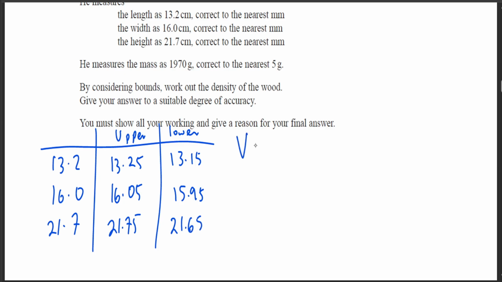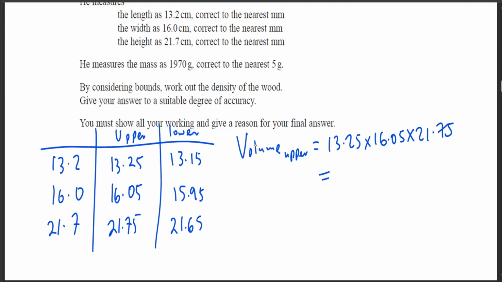Now volume, there's the upper and there's volume lower. So volume is obviously length times width times height. So the upper bound for the volume is going to be 13.25 times 16.05 times 21.75.